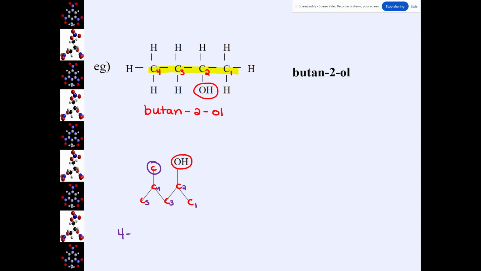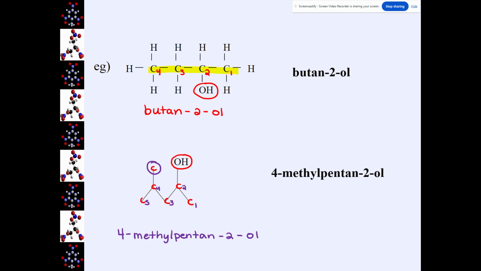So it's 4-methyl. You still name the branches first. The parent is pentan, drop the E, -2-ol. Okay? So 4-methylpentan-2-ol.